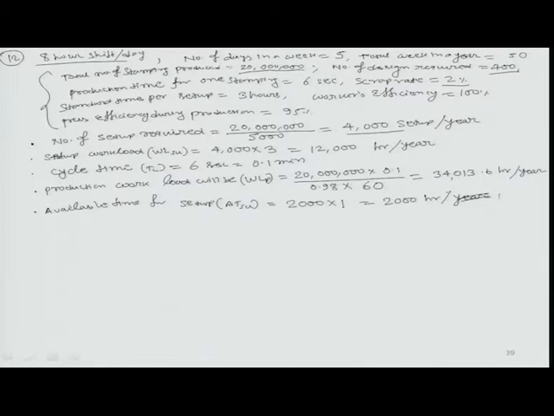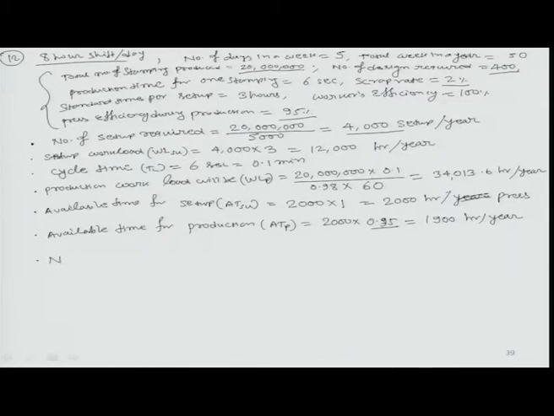Now, the available time for production, ATP, is equal to 2000 into 0.95. This term comes from the press efficiency. So, that will be equal to 1900 hours per year.